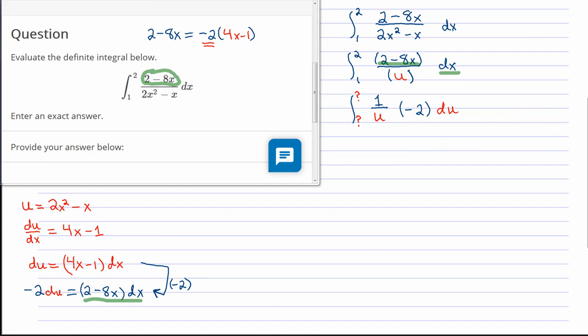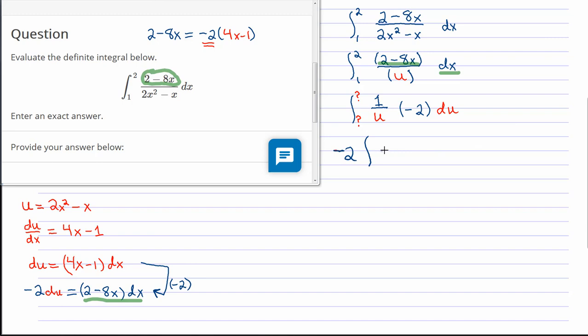Okay, so now what am I going to do here? Well, the -2 is a constant. So I can factor it out. The -2 is a constant, and so we know that we can always factor constants out of integrals.